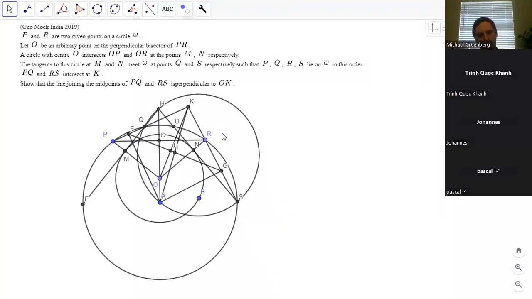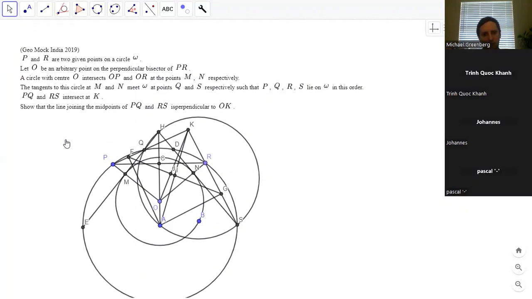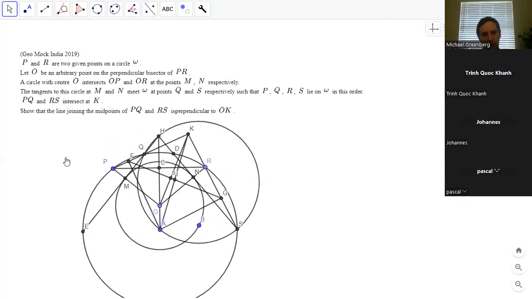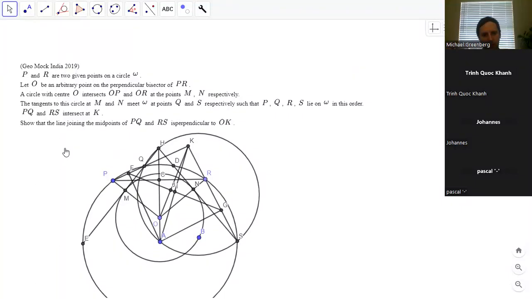AB, PR. So F and G go to P and R. I and J would go to these two points. But I'm not sure how helpful that is. Or we could project it onto AH. I kind of like that better, because then I and J go to O and A, and P and R, we'd have to draw another point here. So yeah, let's draw that.